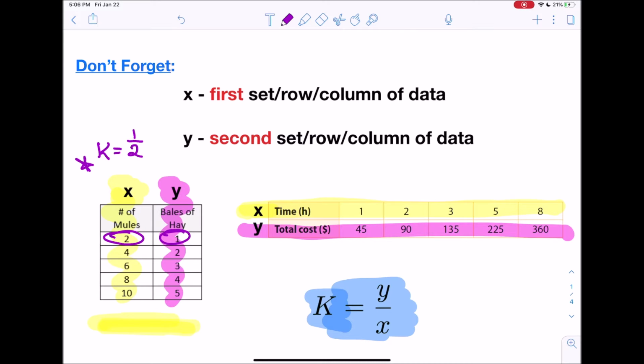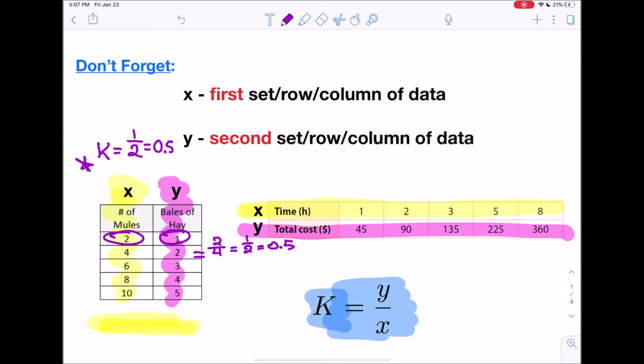And if I do 1 divided by 2, I get 0.5. So my unit rate is a half. And if I go through and divide all my y's by the x's, I should get a half for everything. So for the next one, it would be 2 divided by 4. That equals 1 over 2, which is a half.